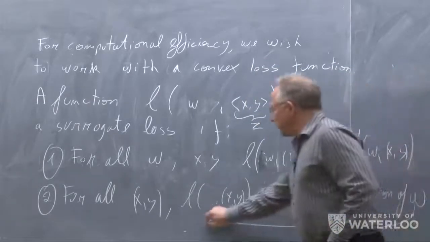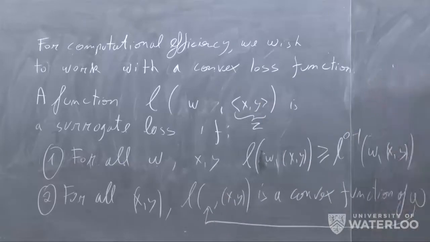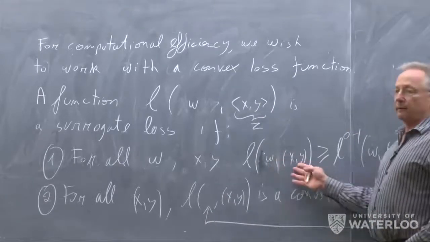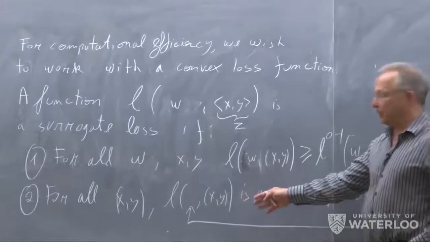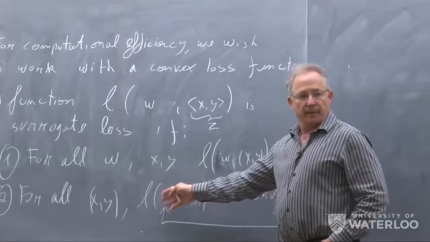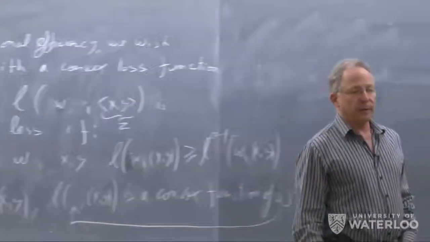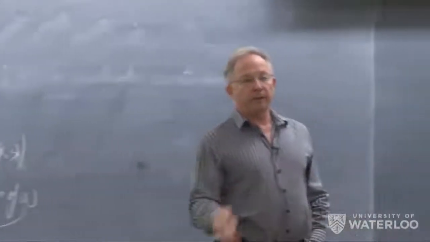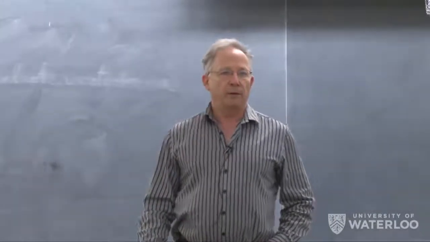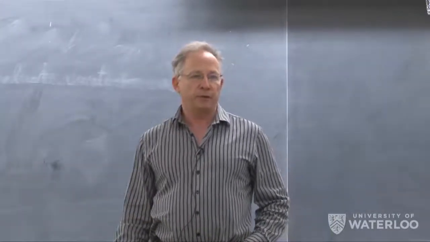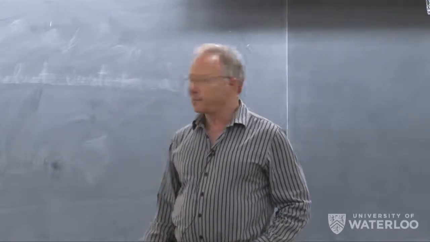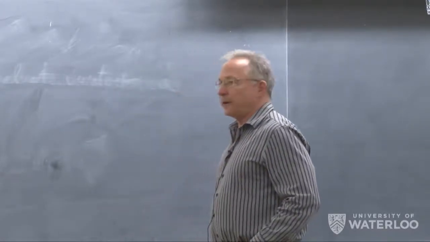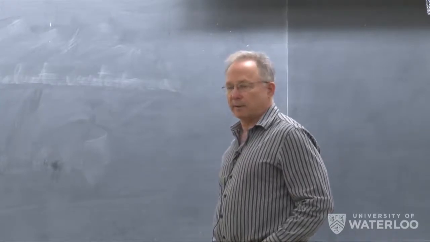Originally, this function has two inputs, w and the sample point. If I fix the sample point, it becomes just a function of w. So it's a function over vectors, and I can talk about the convexity of such a function. So we want this function to be convex.